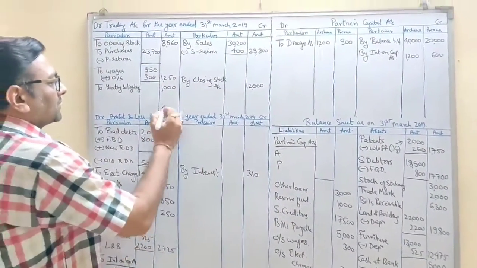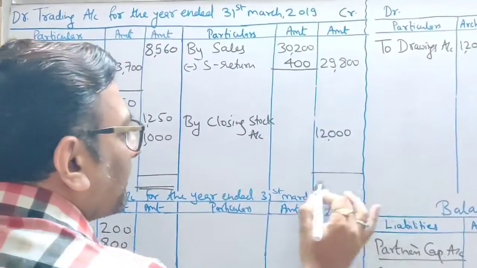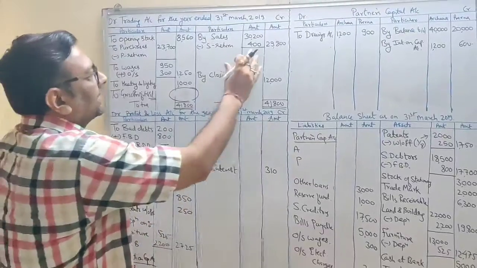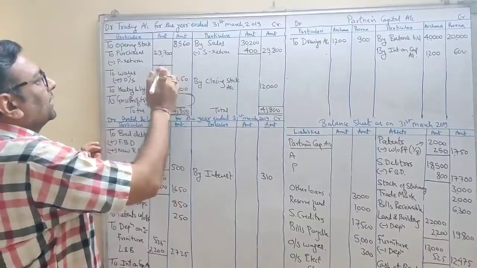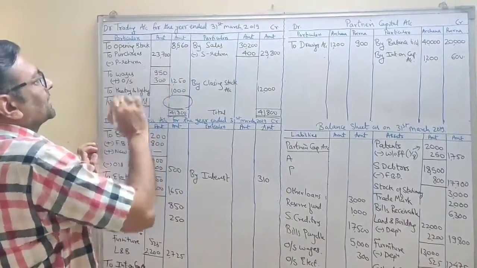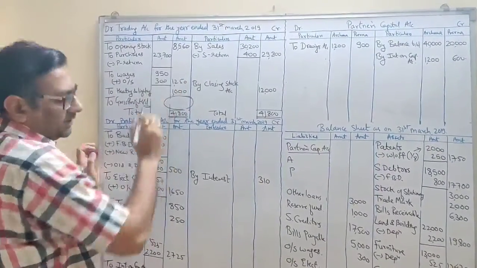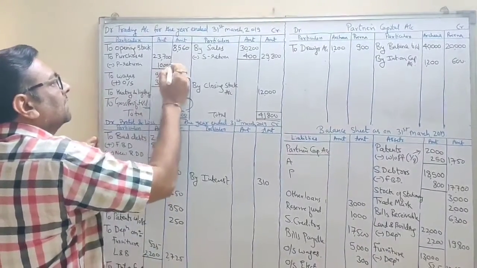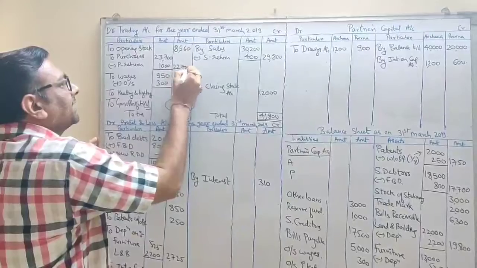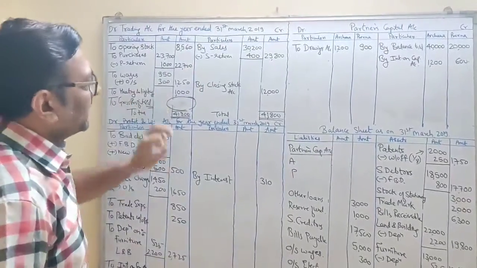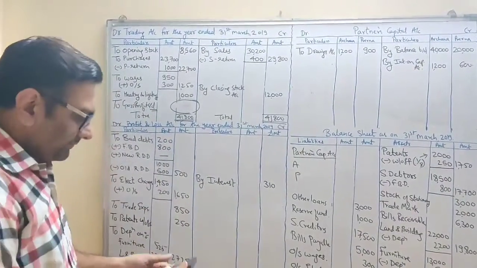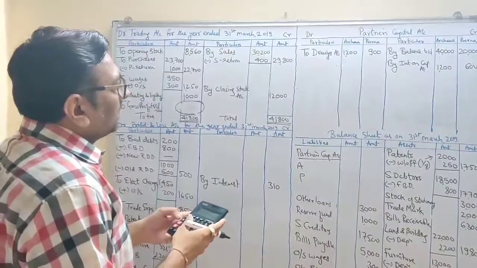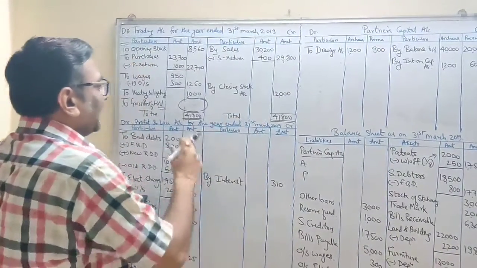Now the totaling part, students. You know how to do totaling? Okay, now let's do total. While doing totaling, just put this figure out. Purchase return, they might have given in the sum, it's 1000 given to you. So write 1000 and minus it, and write in the outer column 22,700. Now let's do the totaling. Your big total of this side is 41,800.